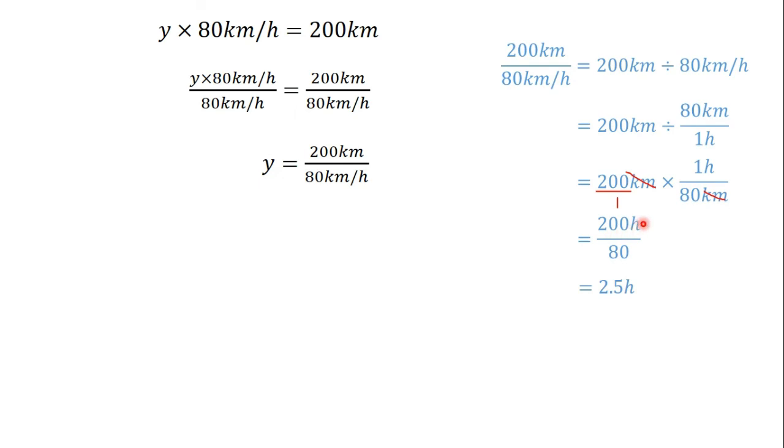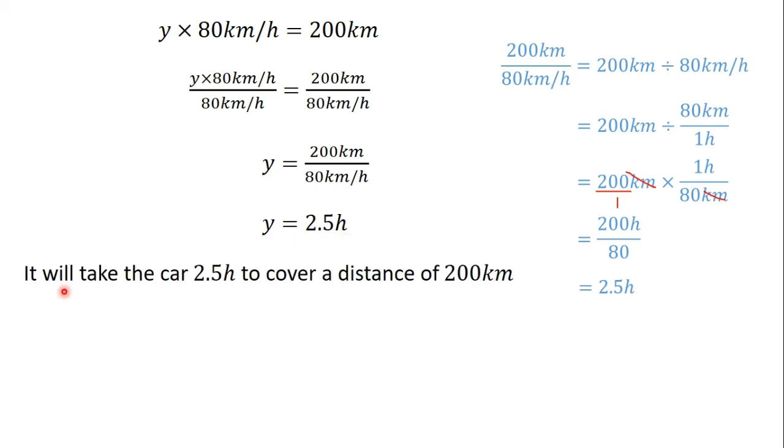So 200 hours divided by 80 will give us 2.5 hours. So here y is equal to 2.5 hours. But remember that y is the time that it will take the car to cover a distance of 200 kilometers. So we can say that it will take the car 2.5 hours to cover a distance of 200 kilometers.